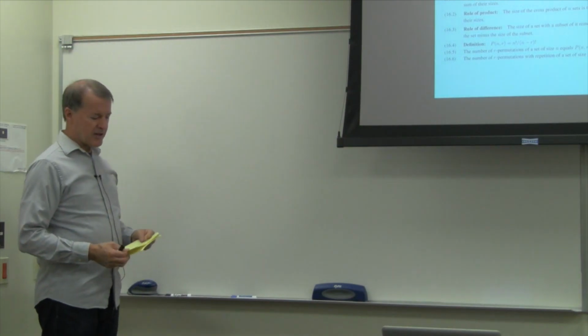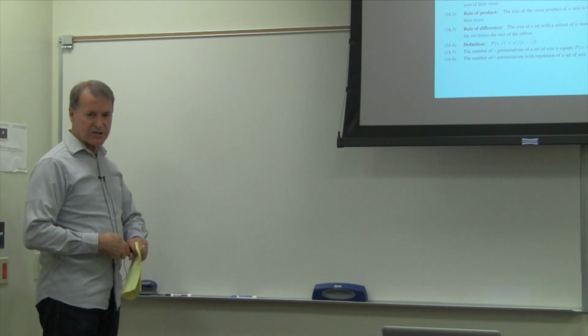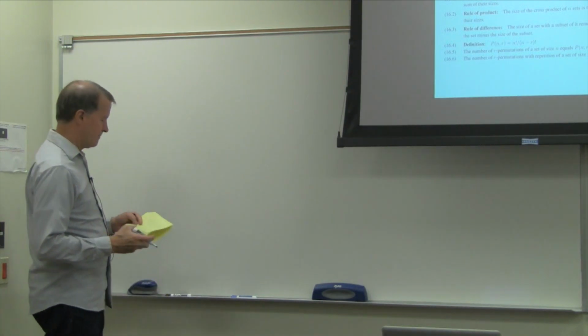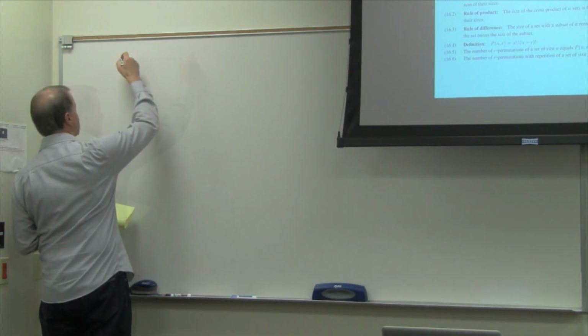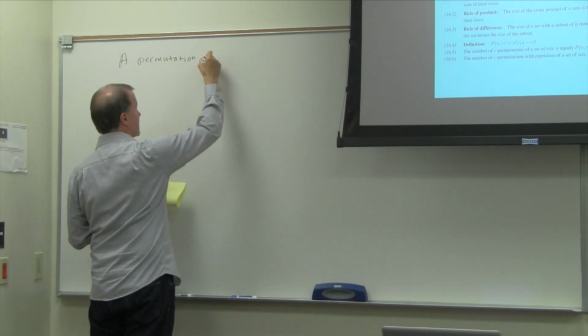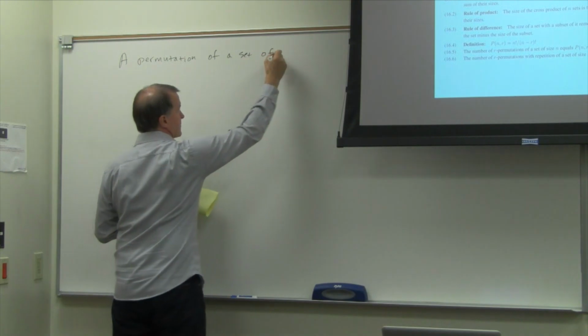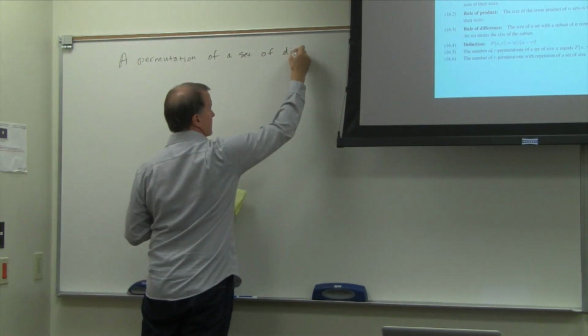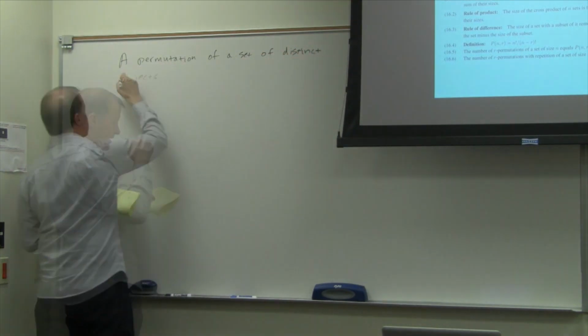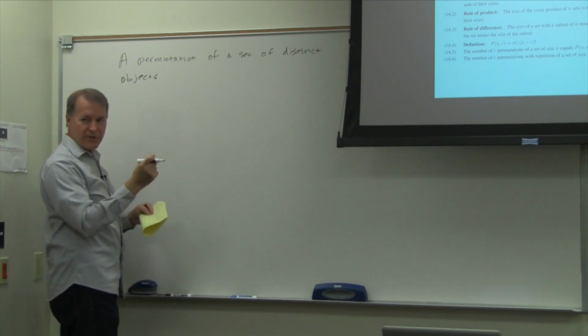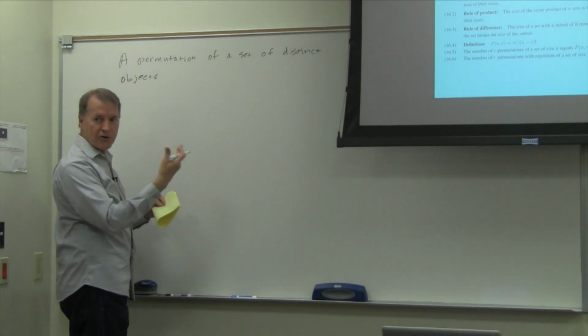First of all, to do a permutation, we assume that the objects are distinct. Okay? So a permutation of a set of distinct objects is an ordered arrangement of the objects. Okay? So the order counts.